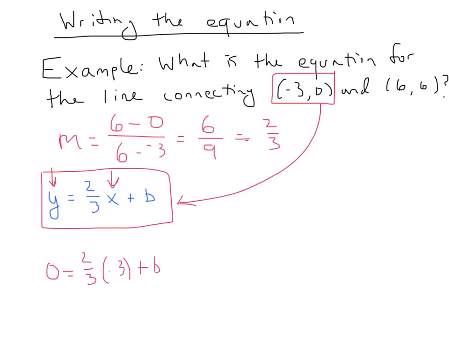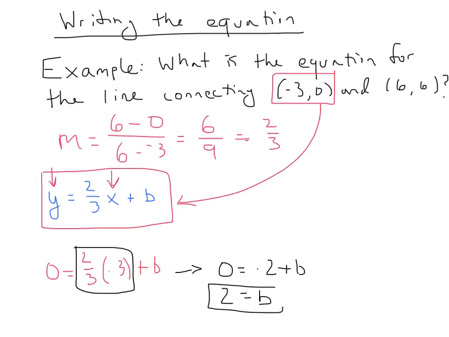The multiplication gives negative 2, so I have 0 equals negative 2 plus b, which means that 2 is equal to b.